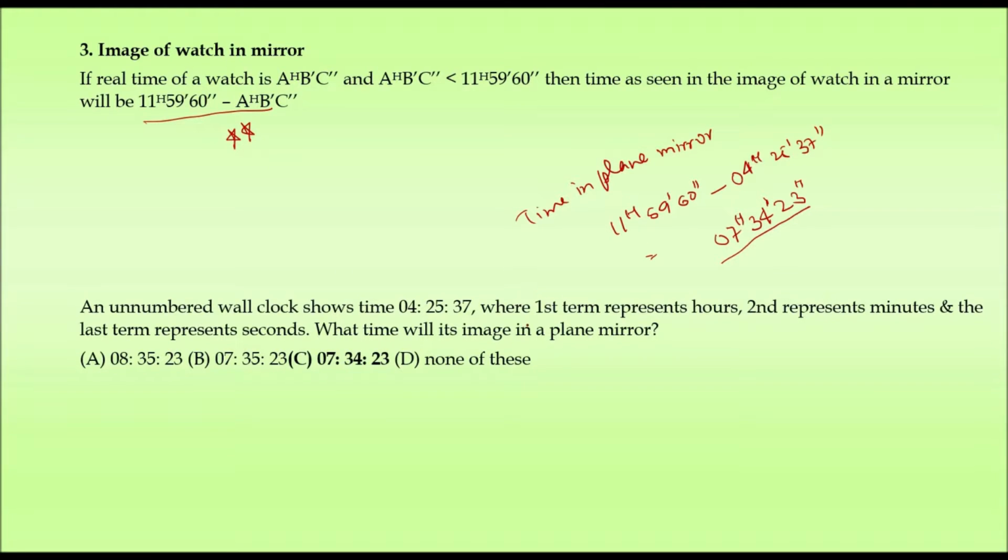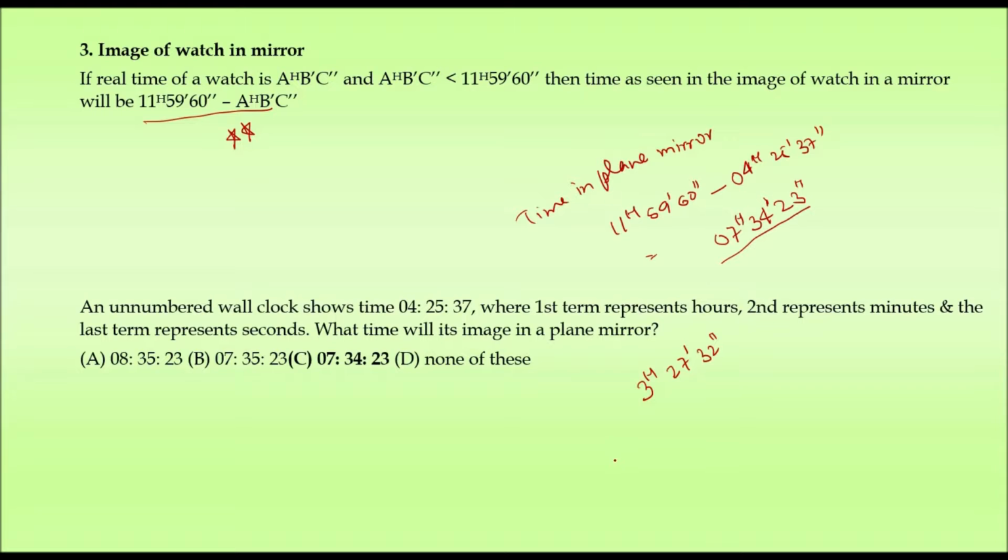So you can solve any problem based on this concept. Suppose the time is 3 hour 27 minute and 32 second, then you have to calculate what time its image shows in the plane mirror.